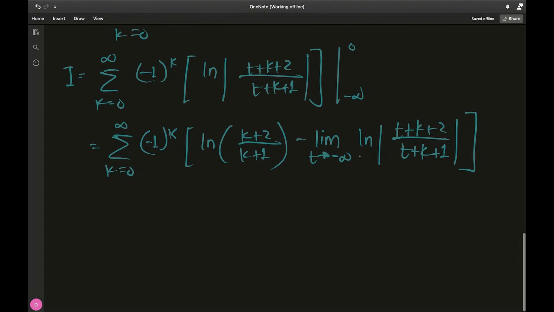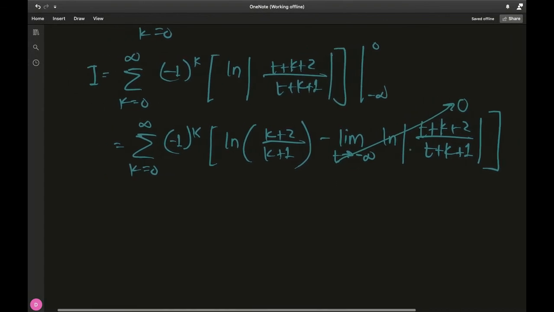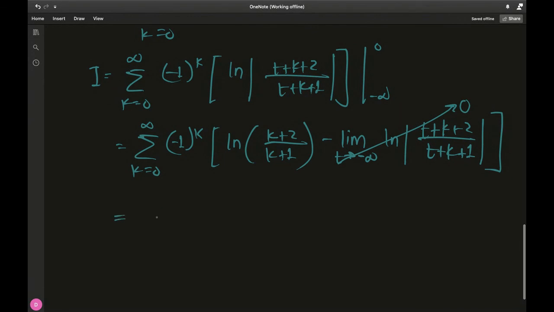And in the limit as t goes to negative infinity, all the 1 over t terms will just go to 0, giving us natural log of 1 over 1. So natural log of 1 effectively, which is equal to 0. So the infinity divergent part is gone. So we just have the sum from k equals 0 to infinity of minus 1 to the k, natural log of k plus 2 over k plus 1.